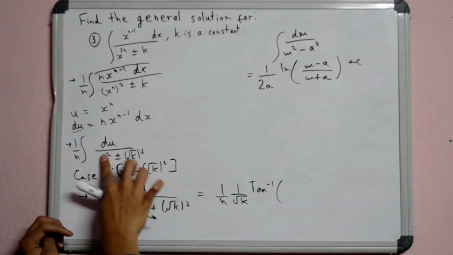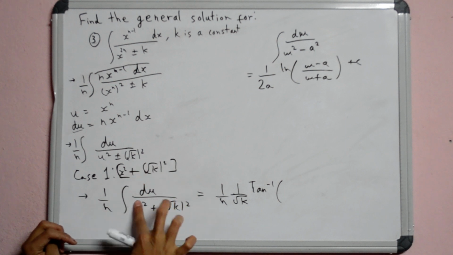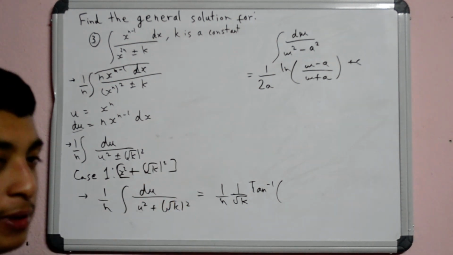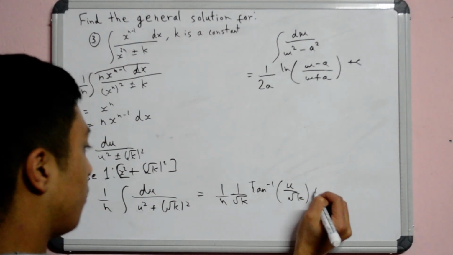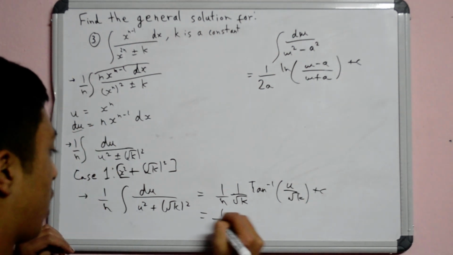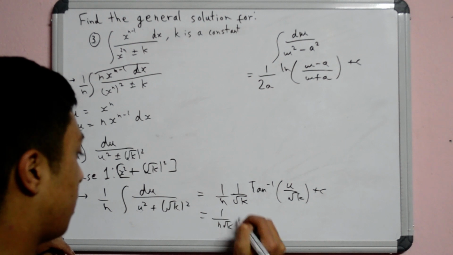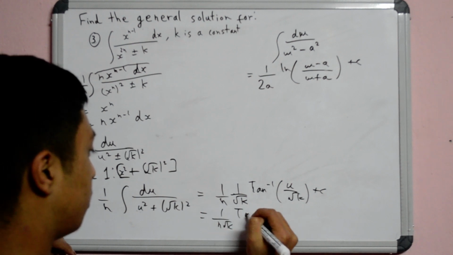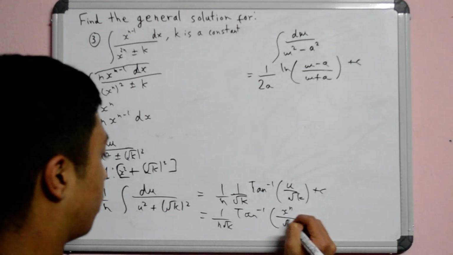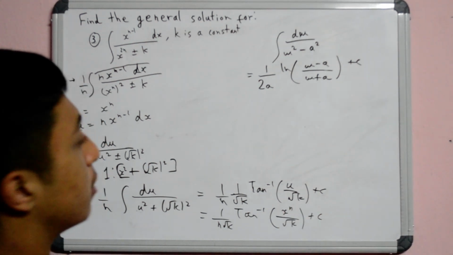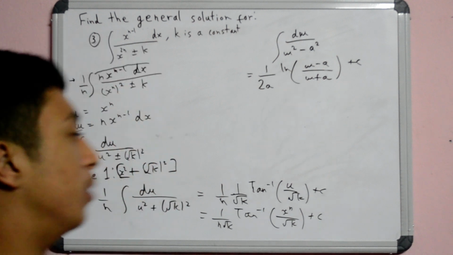Oh wait, it should be u. So u by root k plus c. So finally we have 1 by n root k tangent inverse, and u is x to the power n, by root k plus c. That's one big aeroplane.